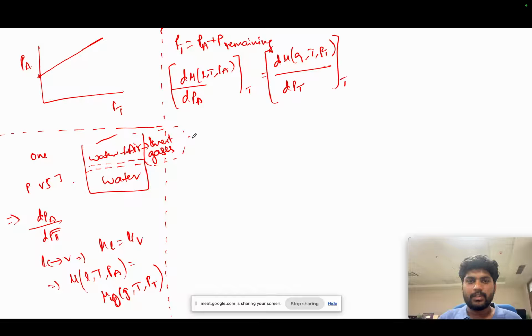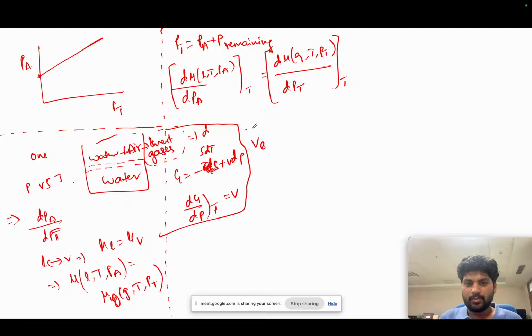We know that mu is nothing but G, and dG equal to minus SdT plus VdP, so dG by dP at constant temperature will be equal to V. So here it will be V of liquid, molar volume of liquid, because we have the mu.